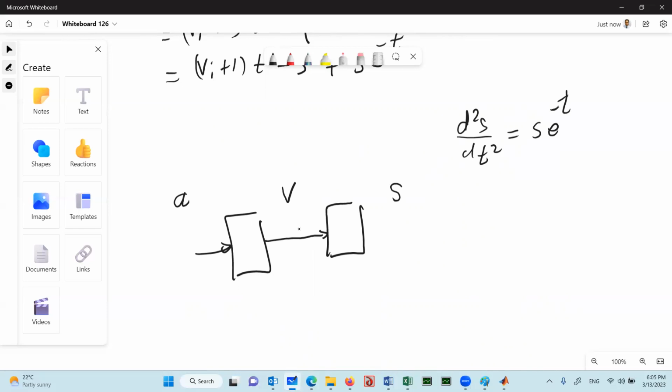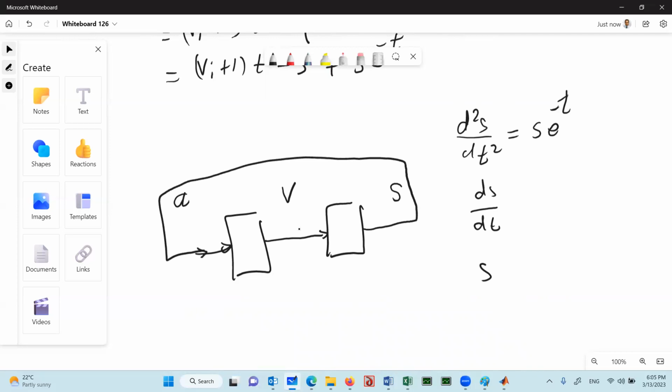So we need to integrate this. We obtain ds over dt. Integrate it further, we end up with s. Now, this loop should be closed.